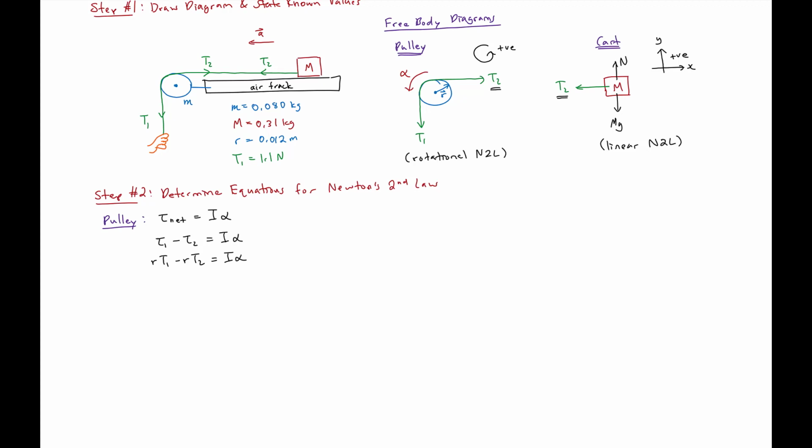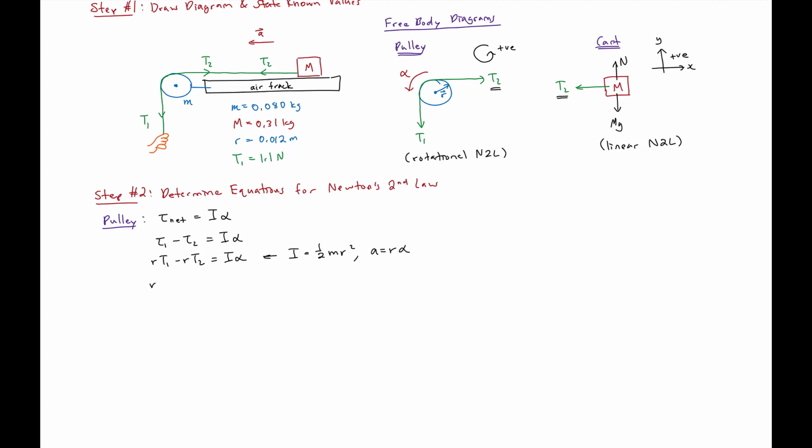Because we have a solid disk as our pulley, the moment of inertia is going to be 1/2 mr squared. We also know that acceleration A is equal to R times alpha. So we can plug these values in.